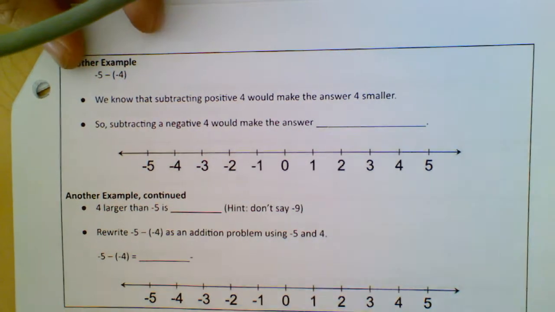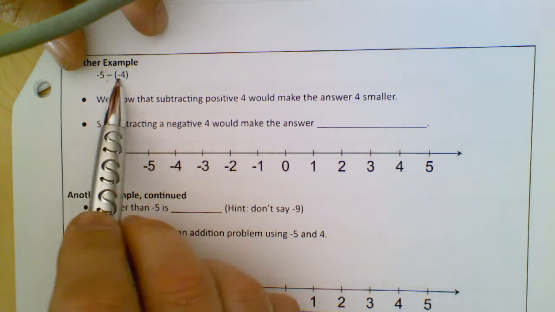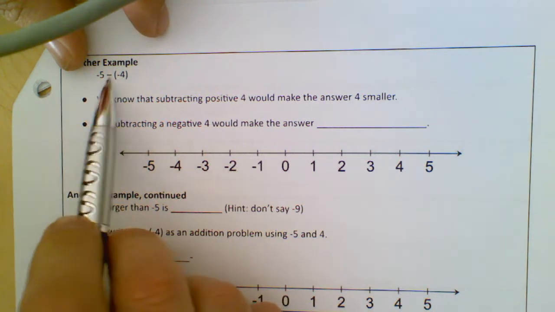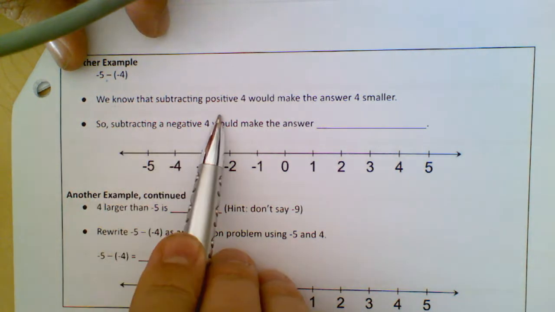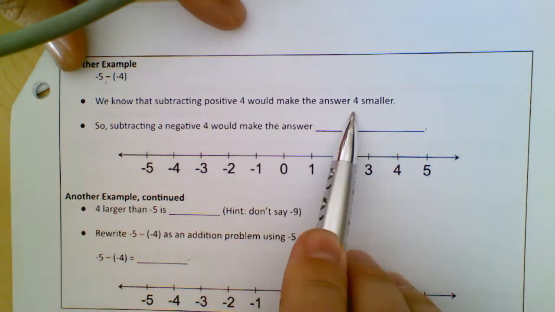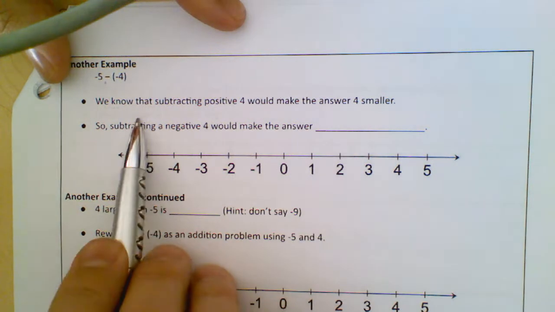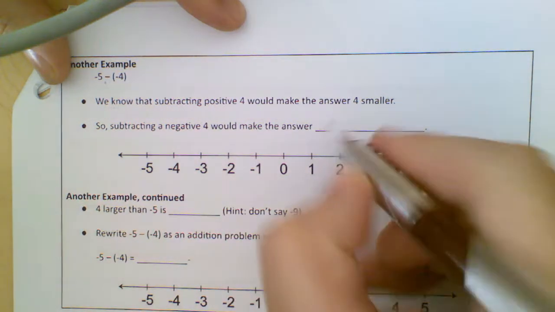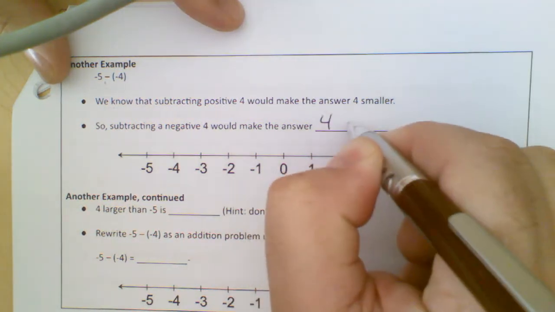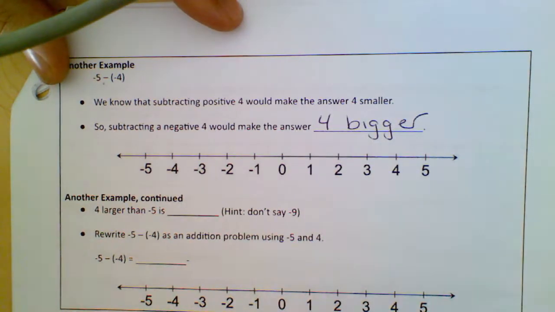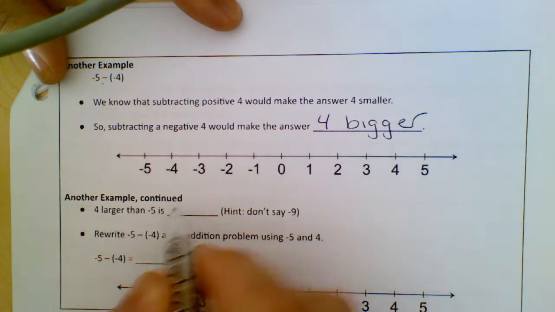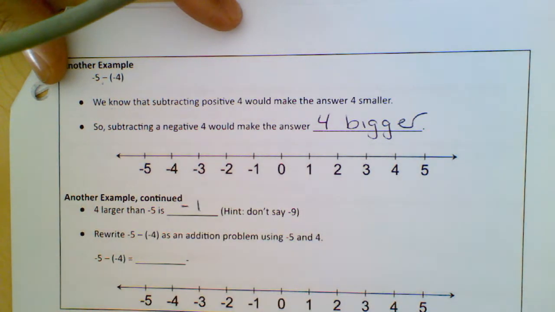So here's another example. We know that subtracting a negative number is going to do the opposite of subtracting a positive number. So subtracting a positive 4 would make the answer 4 smaller. So subtracting a negative 4 would make the answer 4 larger or 4 bigger. 4 larger than -5 is -1.